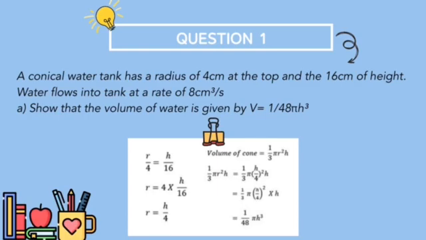Insert the r value that we arranged above, r equals h over 4, into the formula: 1 over 3 pi times h squared over 16 times h equals 1 over 48 pi h cubed. The volume is proven.